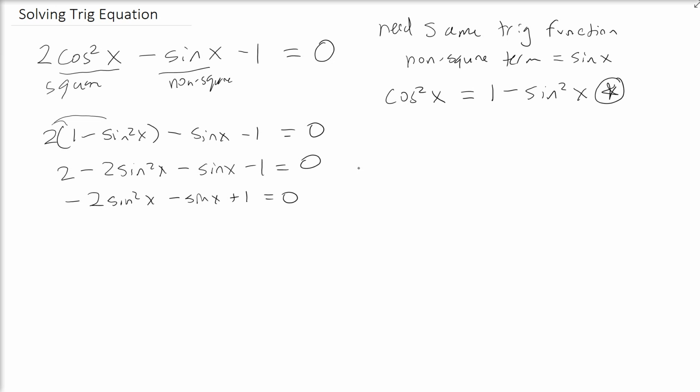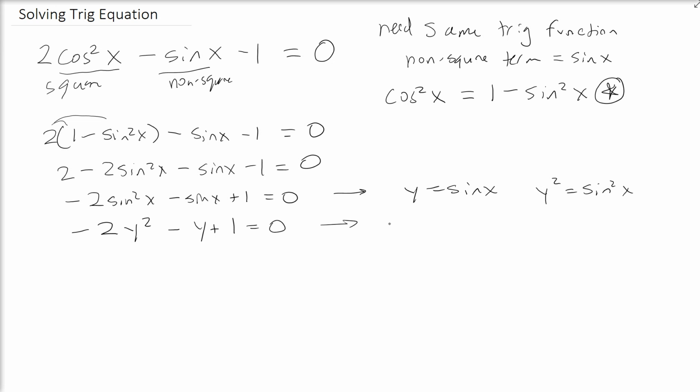And at this point, this is where we're going to substitute in y equals sine of x. So just replace sine of x with y, and y squared is sine squared of x. So this becomes minus 2y squared minus y plus 1 equals 0.